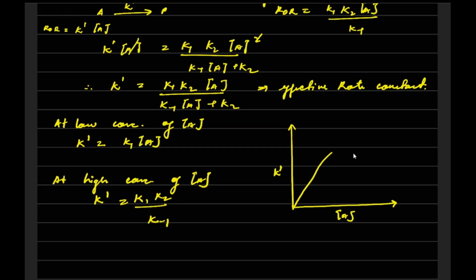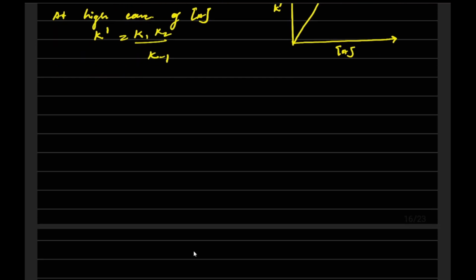Then at higher concentration of A, it is independent of A. Therefore, it is constant. Okay, there's another formula for K dash, where K dash is equal to 1 by A1 minus 1 by A2 divided by 1 by K1 minus 1 by K2. This is also a formula to determine the effective rate constant.